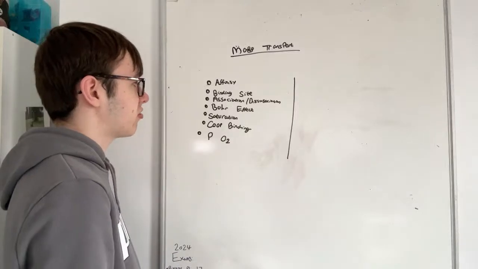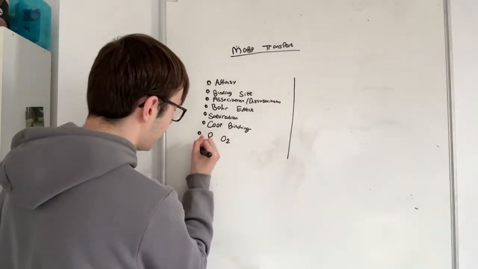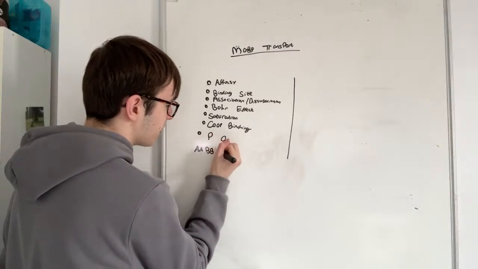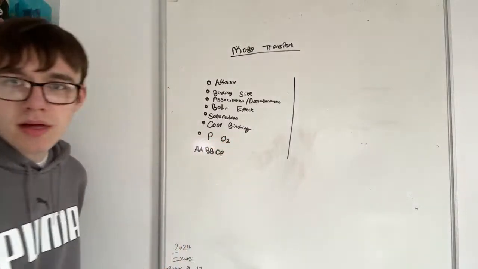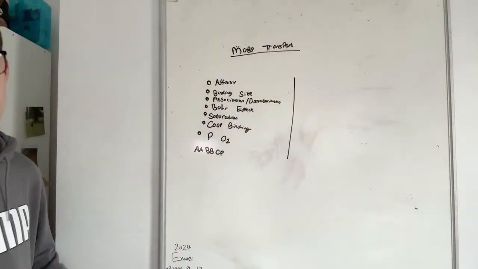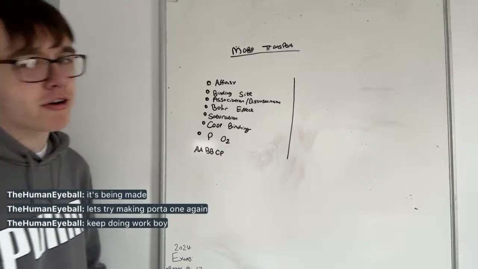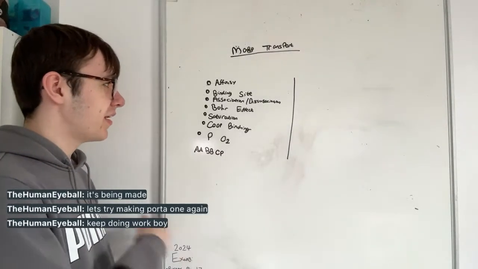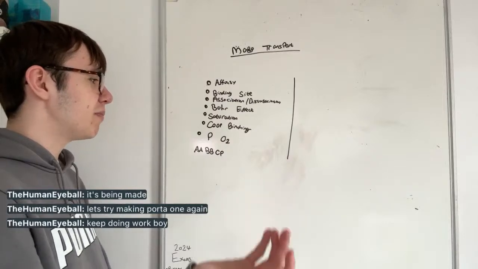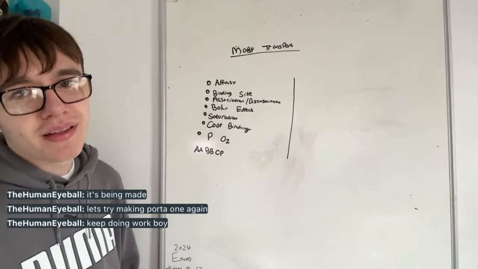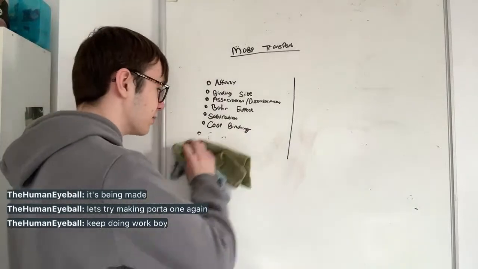Affinity, association, binding site, the Bohr effect. A, B, B, C, P. If you really want an acronym: affinity, association, binding site, Bohr effect, cooperative binding, partial pressure. AA, double B, double C.